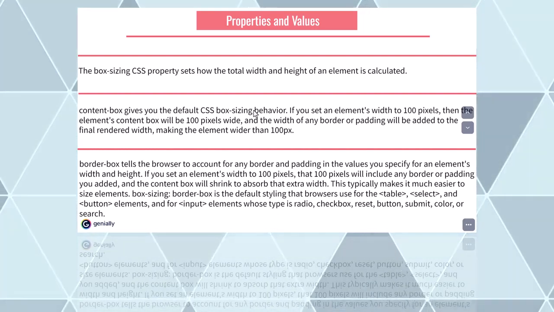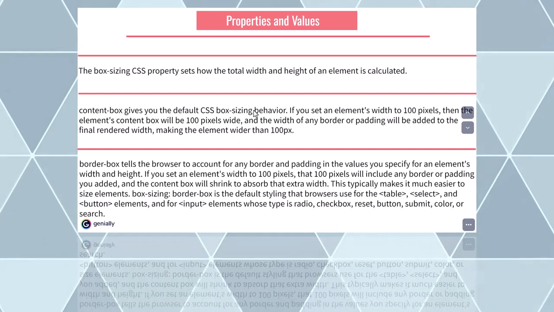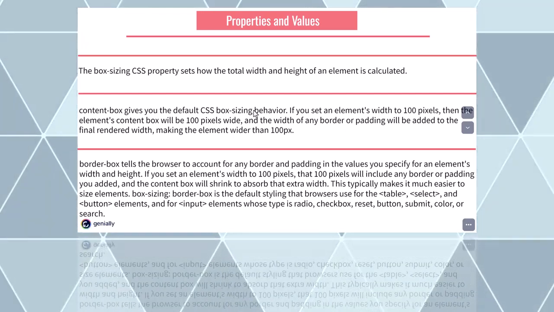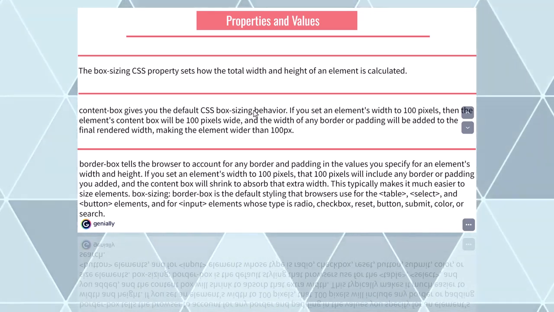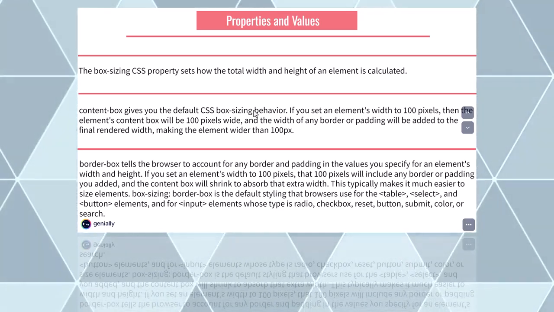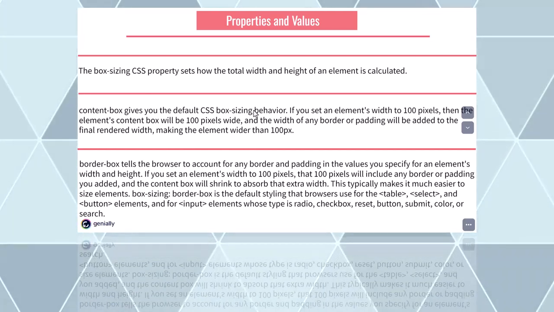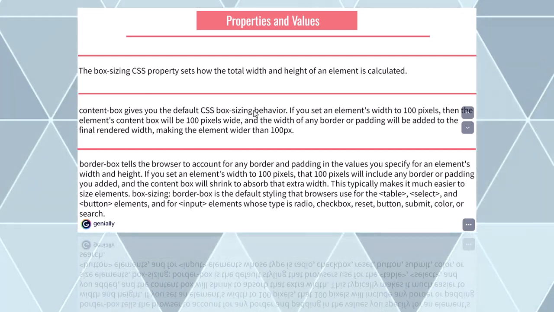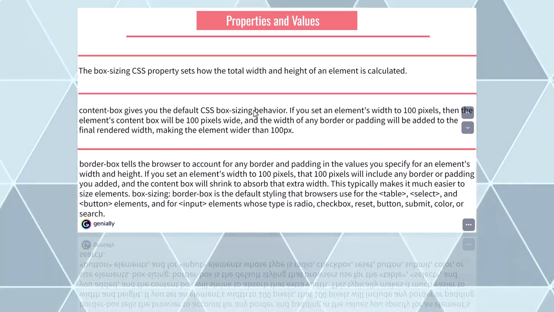Let's simplify this again. Content box gives you the default CSS box sizing behavior. If you set an element's width to 100 pixels, then the element's content box will be 100 pixels. Right? And the width of any border or padding will be added to the final element, making the element wider than 100 pixels.